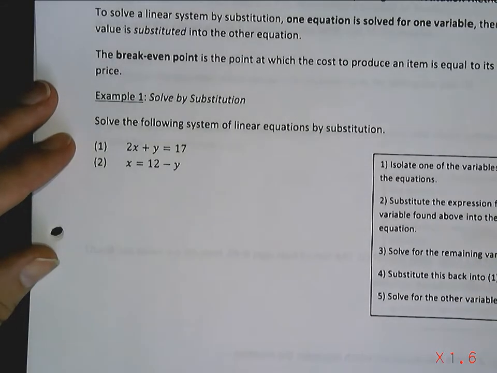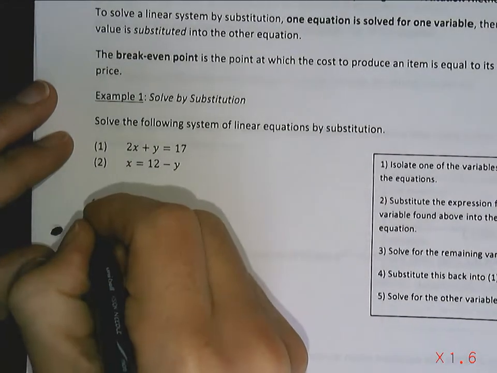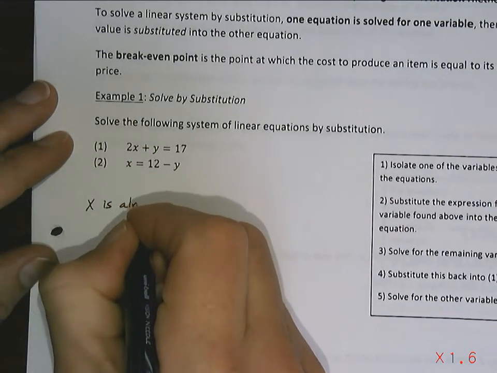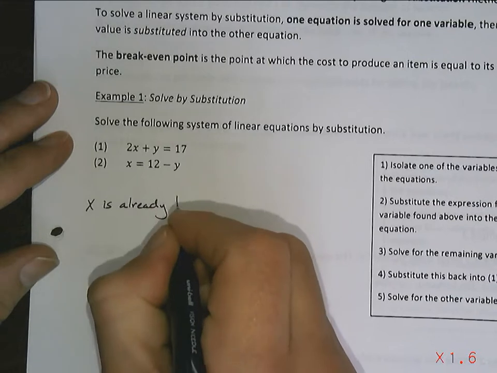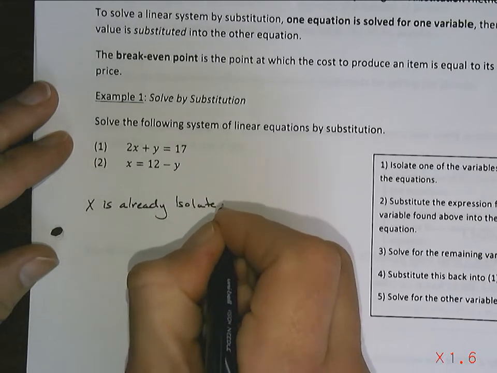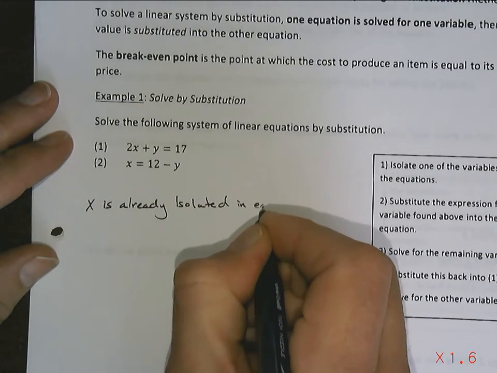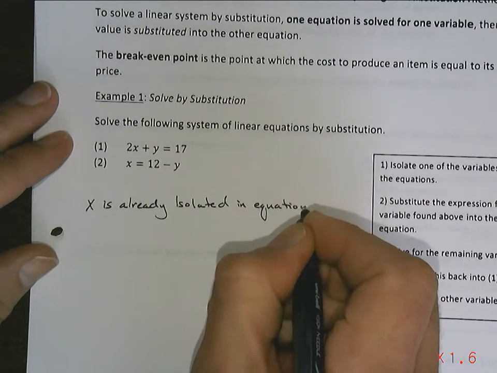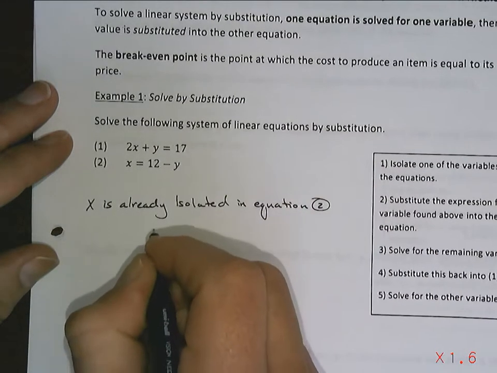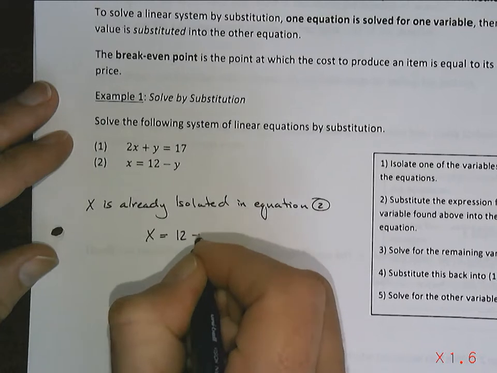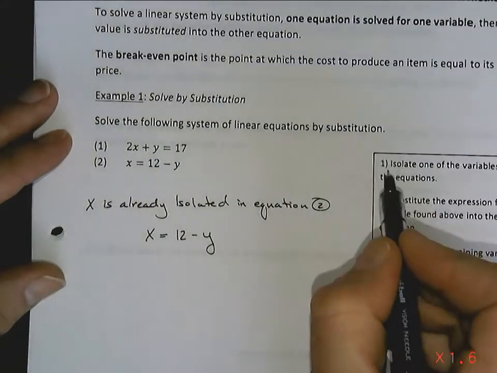Now that's already done for us, isn't it? So x is already isolated in equation 2. And that equation is x equals 12 minus y. So that is step 1.